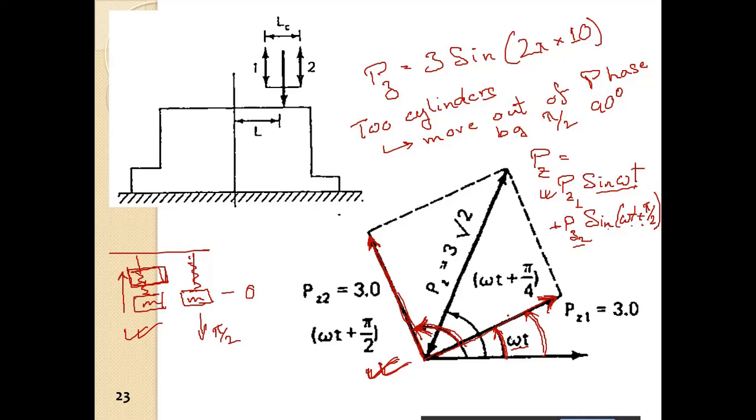And ultimately the applied force will constantly rotate about this axis. And whatever is the component of that on the y-axis, that will be the resultant applied force on the foundation.